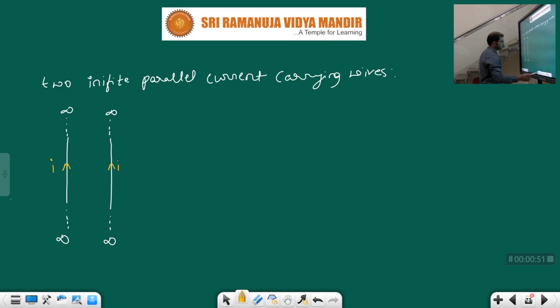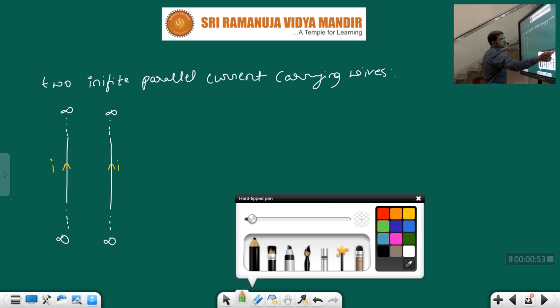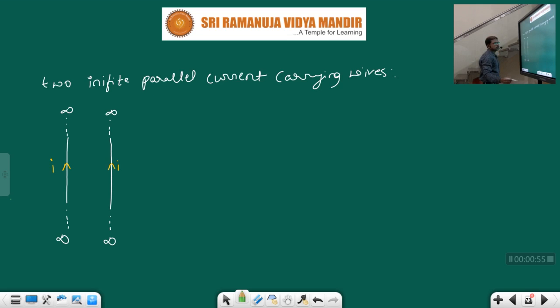Okay, so we know that whenever there is flow of current, there will be production of magnetic field. So due to this first conductor, there will be magnetic field, children. That magnetic field affects the second conductor also.